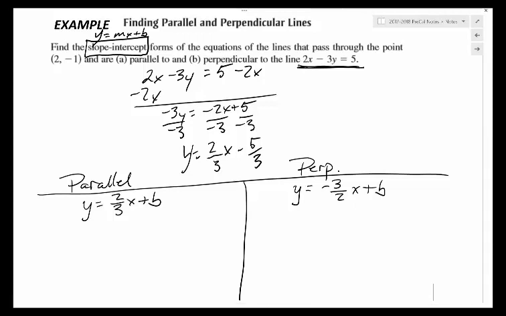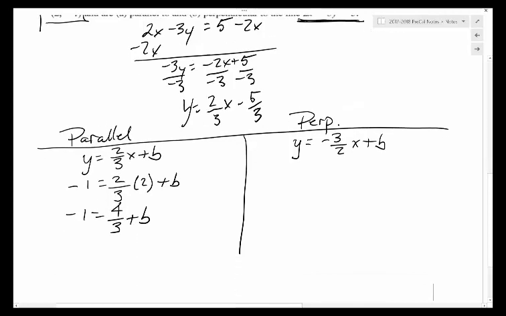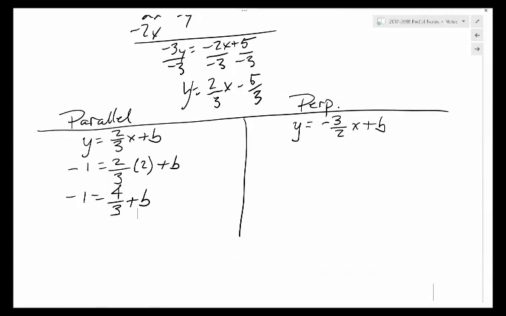So what I do at this point is solve for my y-intercept. I'm going to plug in (2, -1). So -1 equals 2/3 times 2 plus b. -1 equals 4/3 plus b. Now I've got a bit of a sticky wicket here: a fraction and a whole number.